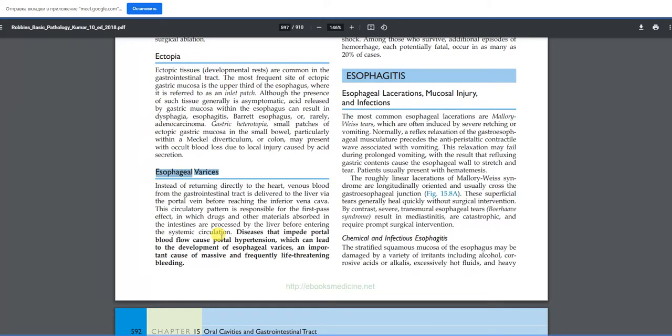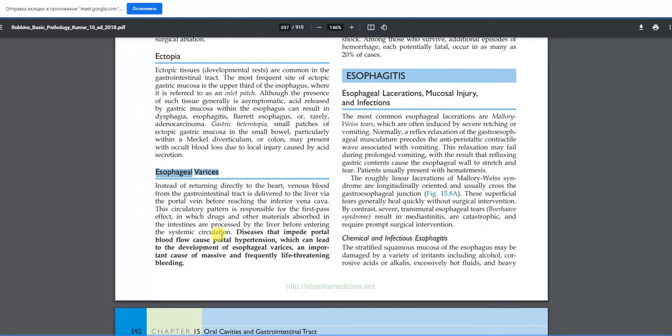When the liver cannot pass blood through its parenchyma, we need to squeeze this blood somewhere else, and for this we have shunts. We have portacaval shunts, or portacaval anastomoses, and we need to pass this blood from the portal vein into the vena cava inferior or superior.